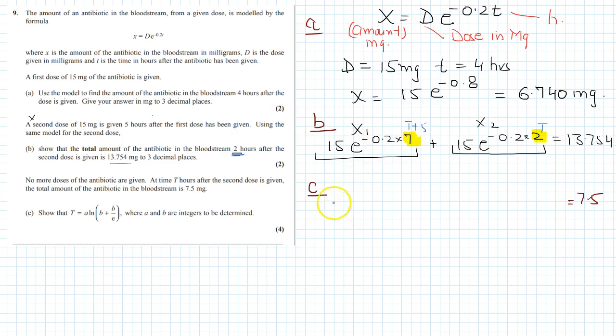So our equation will be 15 e to the power minus 0.2 (t plus 5) plus 15 e to the power minus 0.2 t is equal to 7.5.